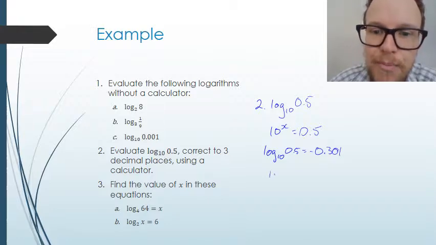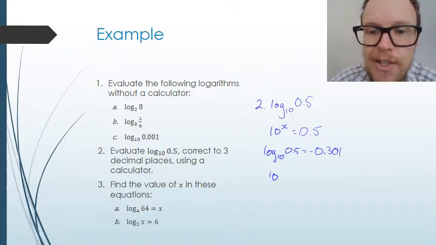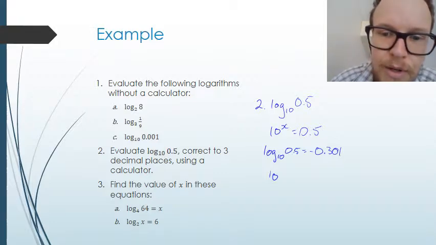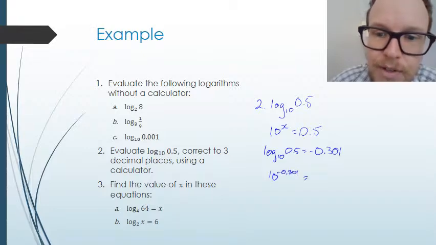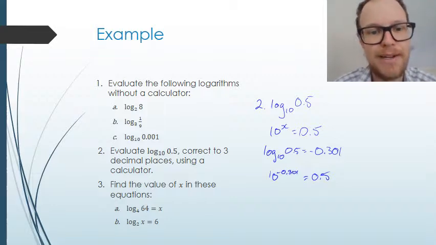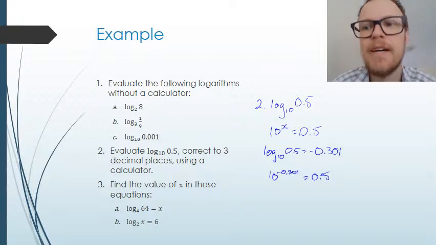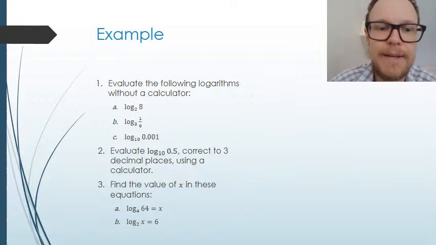So that means if I put into the calculator, and you can check this, 10 to the power of negative 0.301, you should get 0.5 or thereabouts, because we've rounded it. So the calculator can be used to determine trickier logs very quickly.